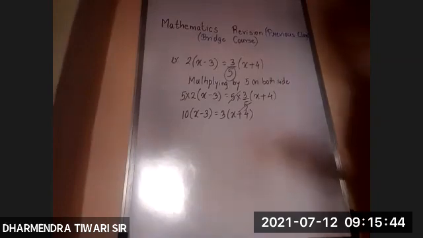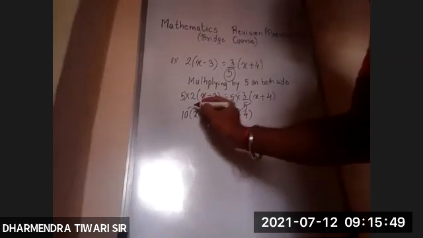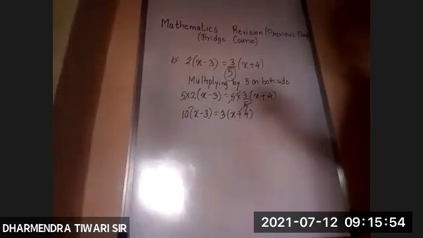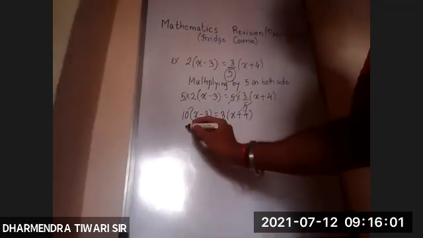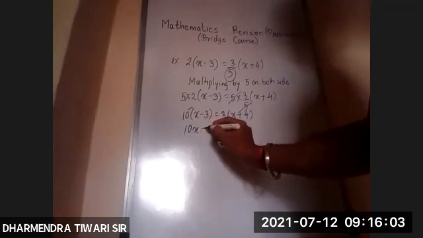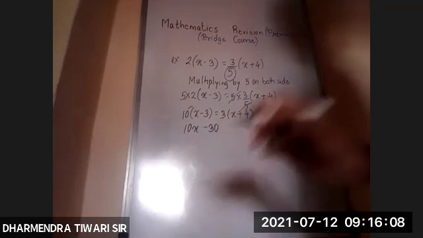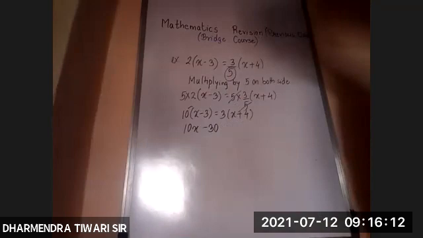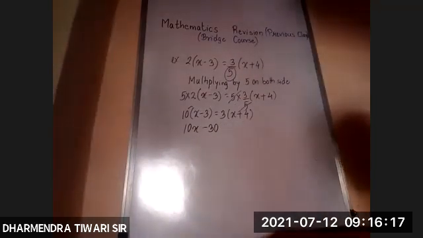Now what can we do? After this, just open the bracket as we have done in our earlier problem, that is expansion of algebraic expressions. 10 into x is 10x minus 10 into 3 is 30. Hope you have understood this step. If not, I will add one more step.